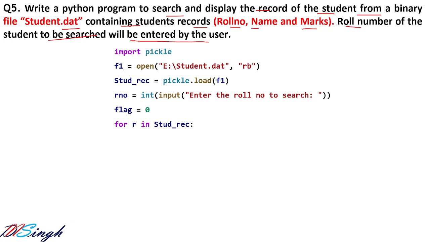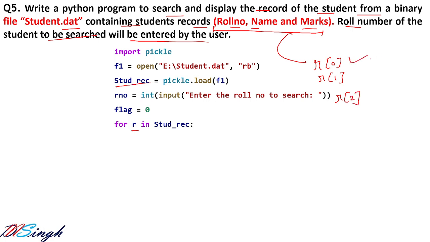Next job is to iterate over this data which we got here, student record, which has a structure where multiple tuples can be there inside it, and that can be iterated over. So R will have the structure roll number, name and marks. R of 0 will give roll number, R of 1 will give name, and R of 2 will give marks.